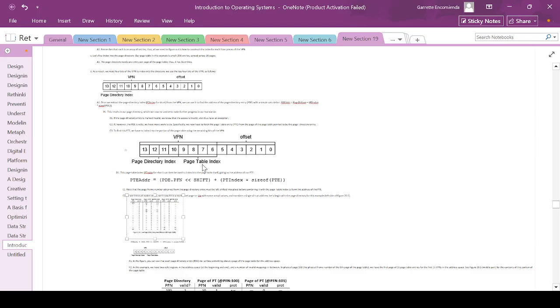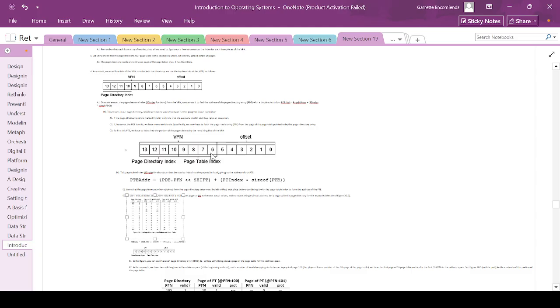giving us the address of our PTE. To find the address of this PTE, we just need to know that it is near the page directory index bits. So the page directory index is bits 13, 12, 11, 10, and then the page table index is bits 9, 8, 7, 6. Now this PTE address equals page directory entry dot PFN left shifted, plus PT index, or page table index, times size of page table entry.